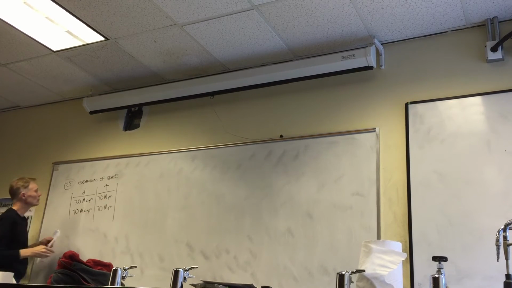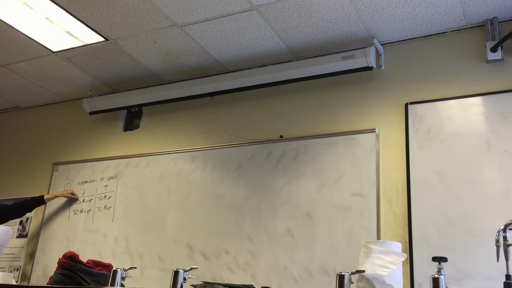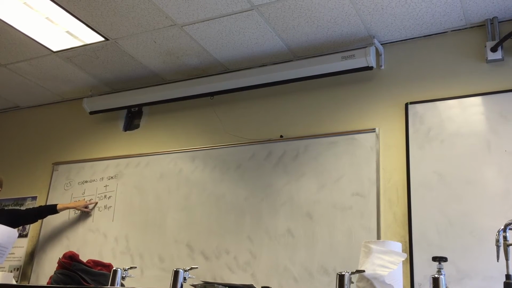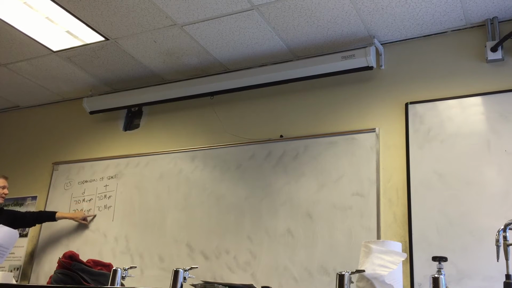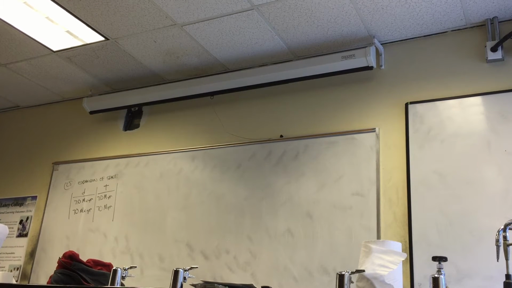Let me get these units right. So when we say a galaxy is 7 million light years away, we really mean it took 7 million years for the light to get here. Okay? And same thing for the 70 million light year galaxy. It took 70 million years for the light to reach us from that galaxy.